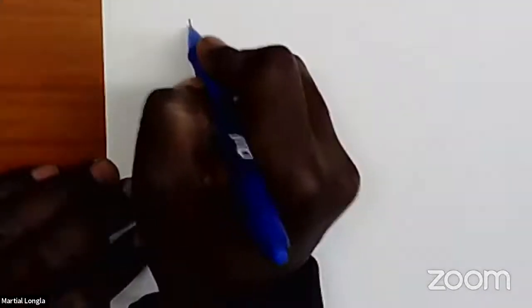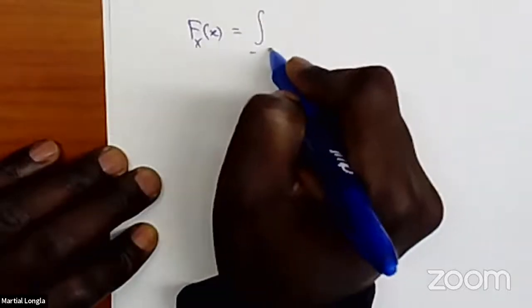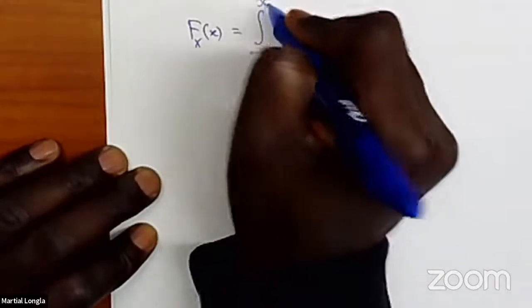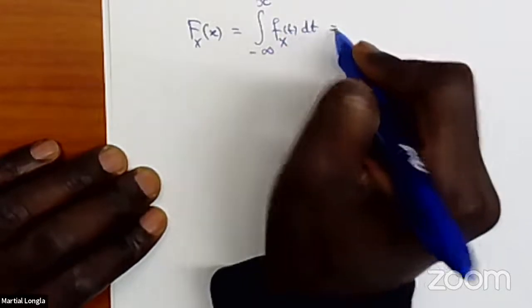So, F_X of x is the integral from negative infinity to x of f_X of t dt.